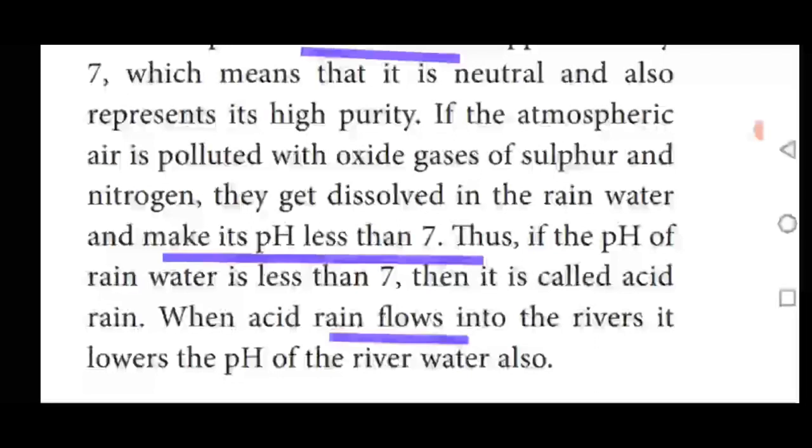Thus, if the pH of rainwater is less than 7, it is called acid rain. When acid rain flows into rivers, it lowers the pH of the river water also.